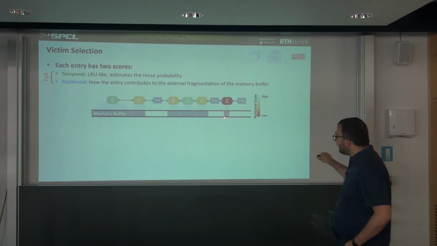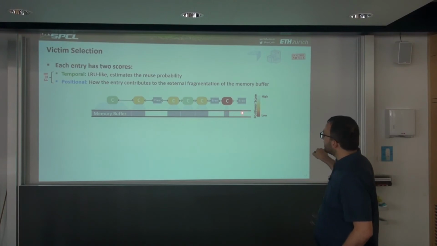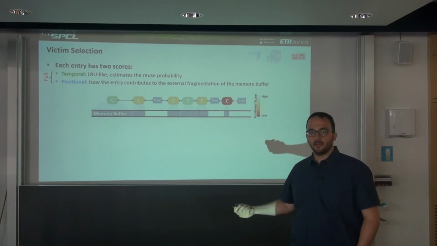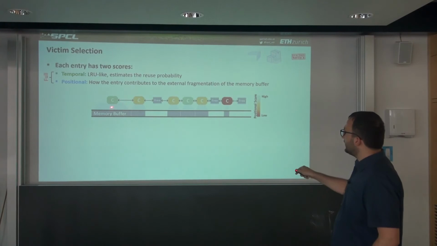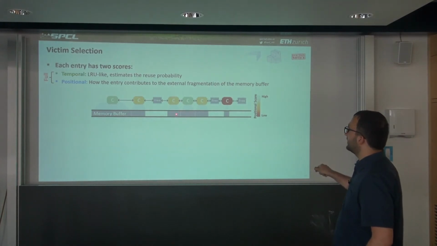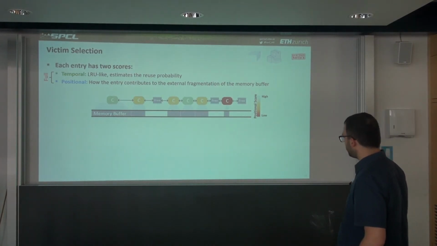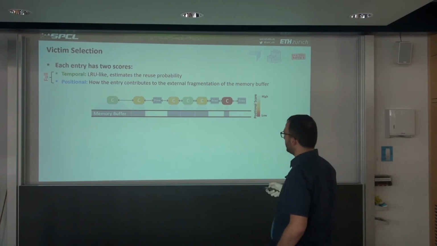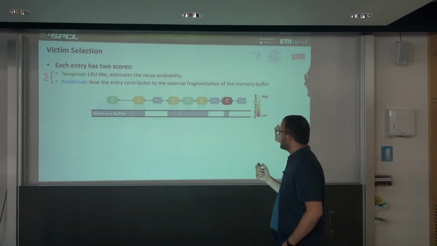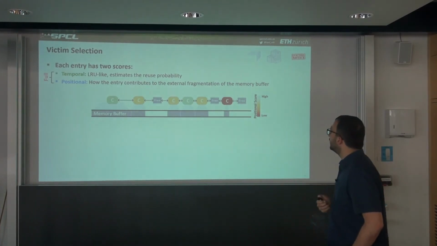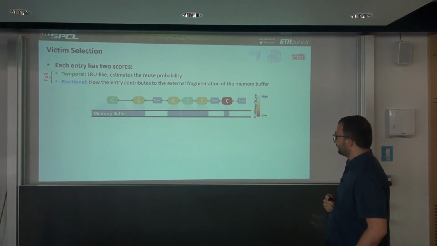By evicting this entry, we will gain all this space to store a bigger one, while these ones are okay because they don't have free space. So the positional score is proportional to the free space that is adjacent to the entry.